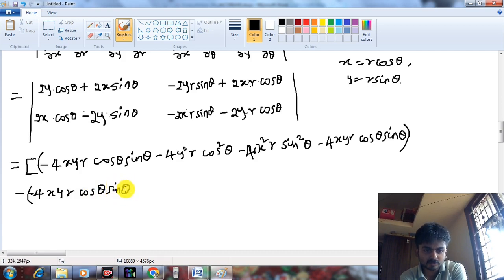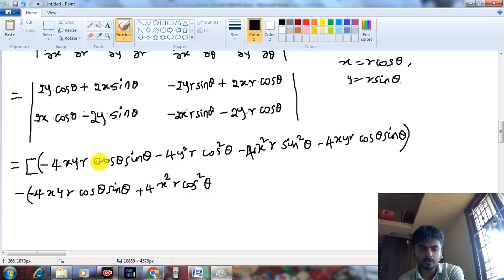First term with first term, and first term with second term you will get plus 4x square r cos square theta. Okay, 4x square r cos square theta.